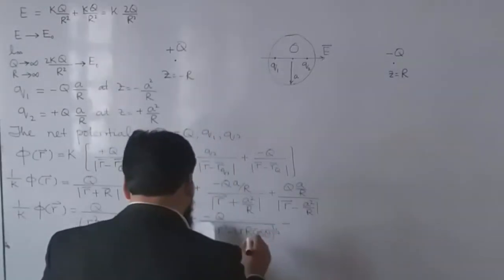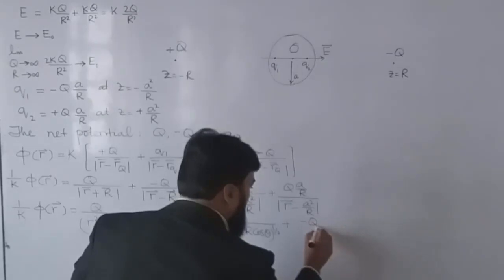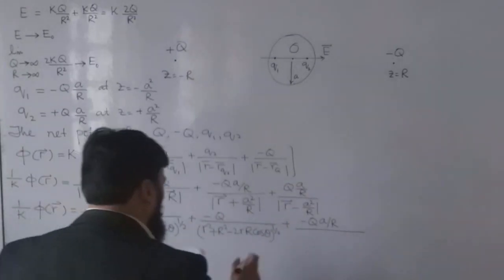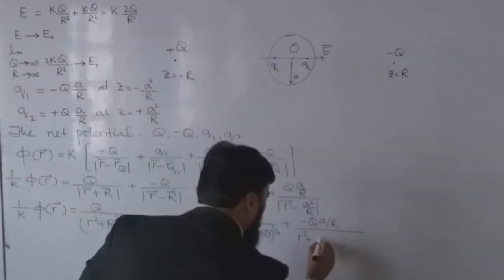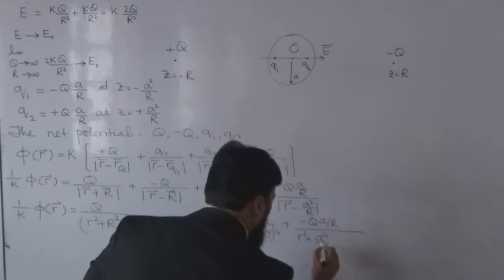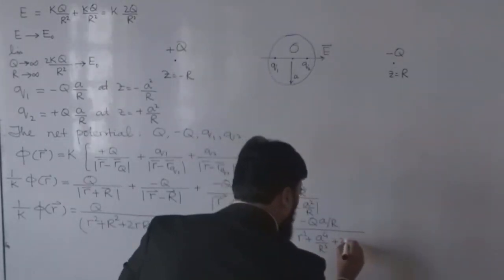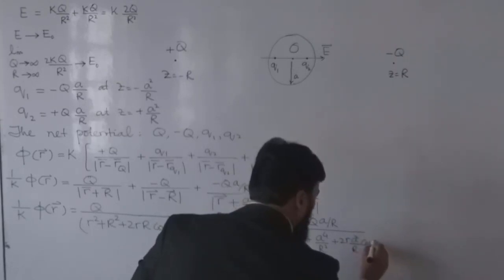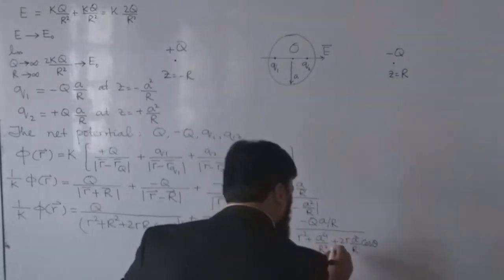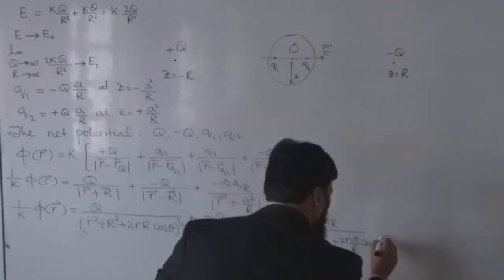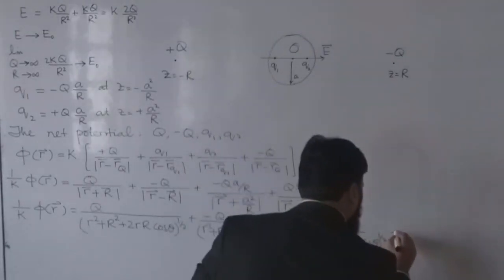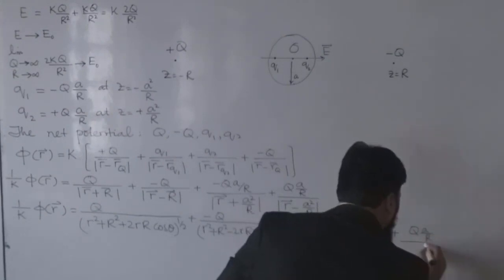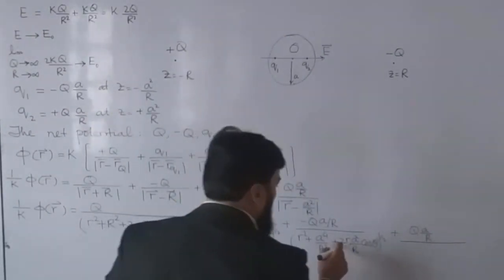This one will be plus minus qa over r, and this one will be r square plus a4 by r square plus 2r a square over r and cos of the angle, and this one is 1 over 2 plus qa over r, and the only difference between these two will be just the minus here.